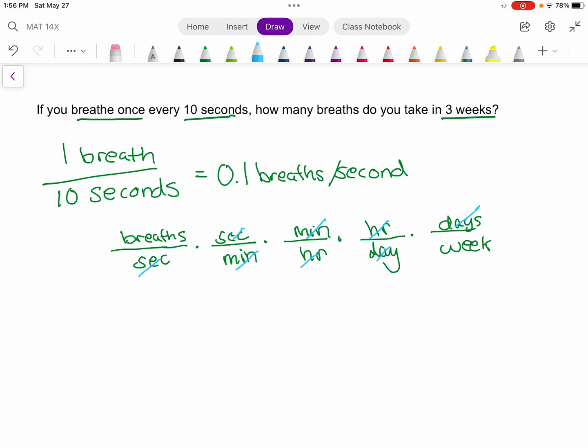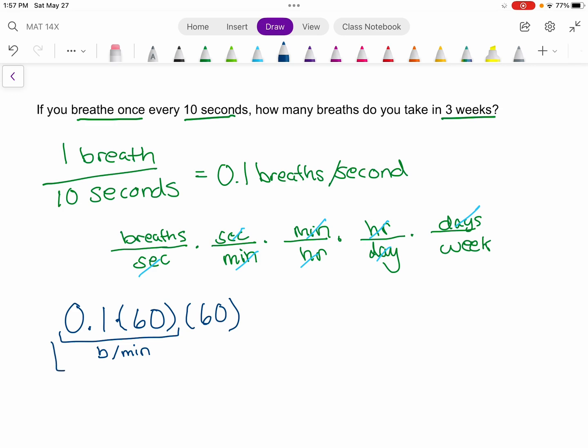That's one way to think about it. We can also think about it using that multiplicative relationship that we had talked about earlier. So it's 0.1 breaths for every second. There are 60 seconds in a minute. So if I times that by 60, now I have my breaths per minute. There are 60 minutes in an hour. So if I times that by 60 again, and right here we're just going to use B for breaths per minute, that gets us breaths per hour, because there are 60 minutes in an hour.